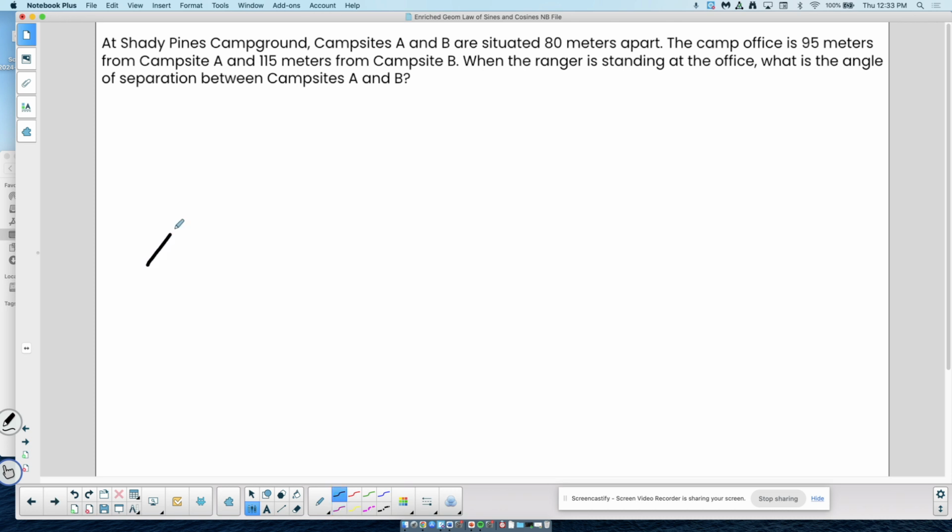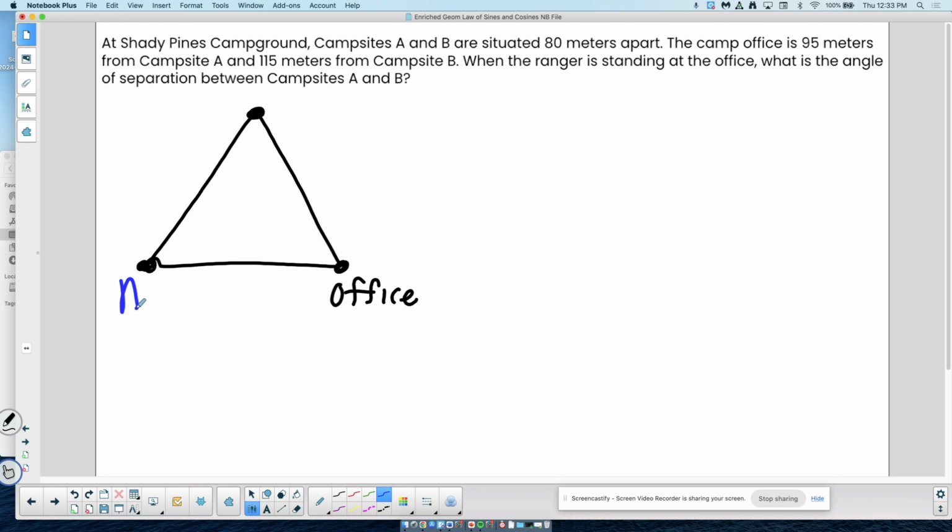So as always, let's draw a picture. You know we're working with a triangle. Doesn't really matter what it looks like. So let's just put our, this can be our camp office. Here's campsite A. Here's campsite B. Now we can label.